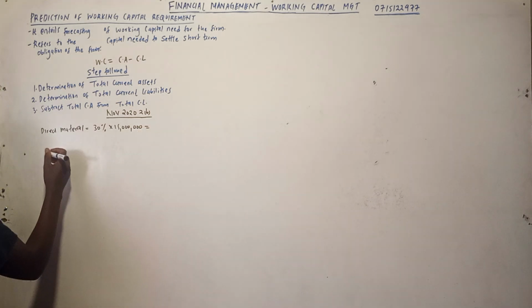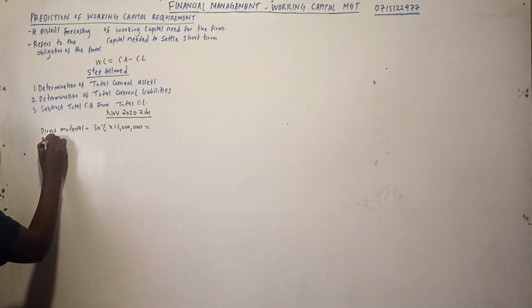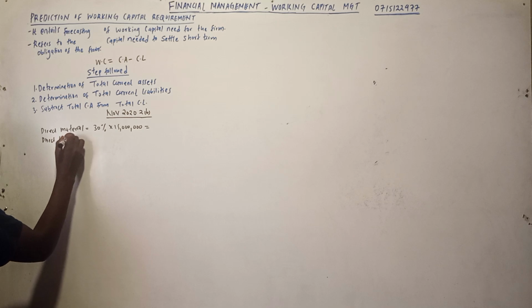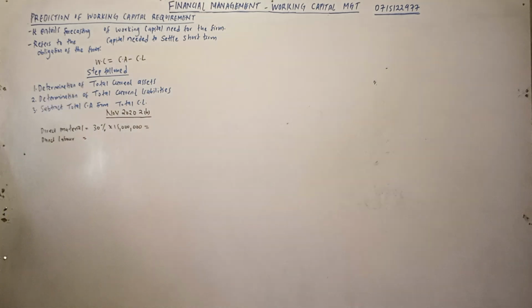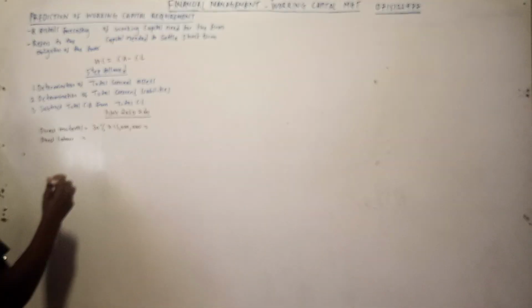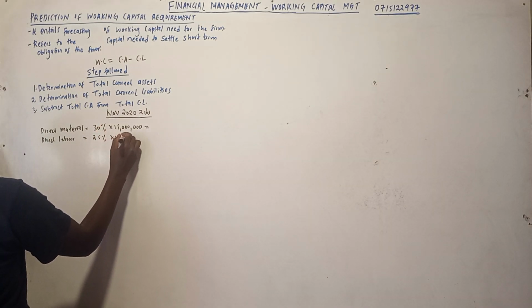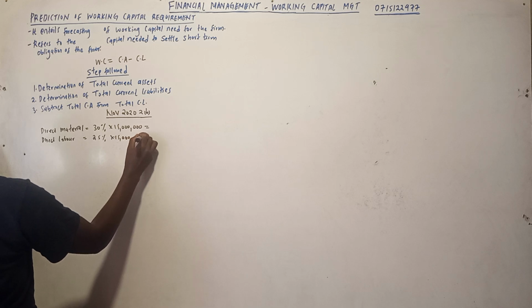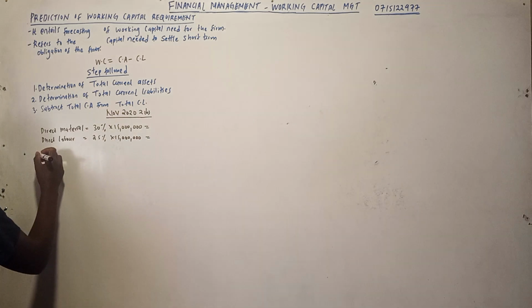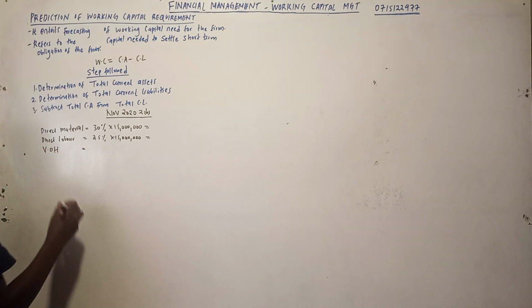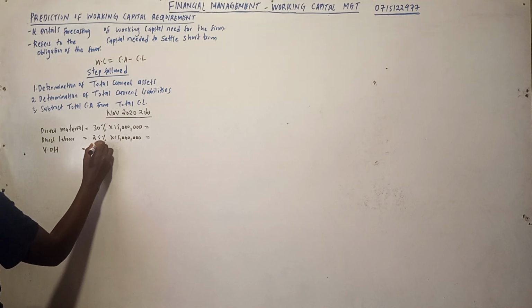Okay, direct labor: there I see it is 25% of 15 million. Okay, variable overhead, here I just write in short 10%.